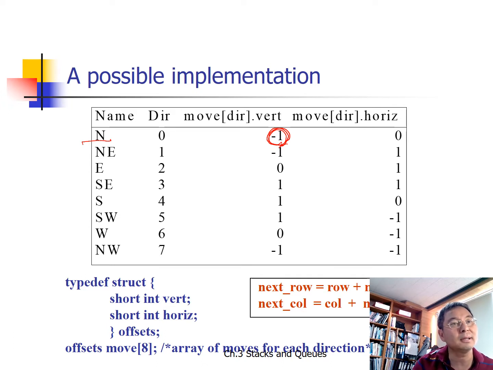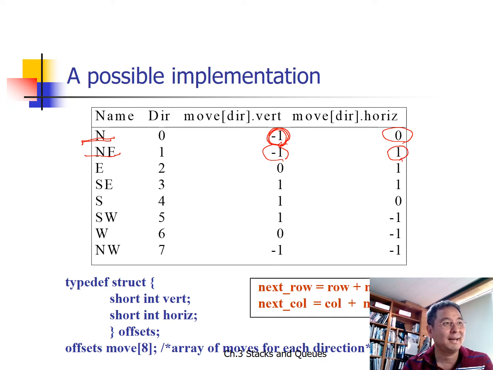And the column value does not change for the north direction. Do you agree? Yes. And the northeast direction will change the row value by -1 and the column value by +1.